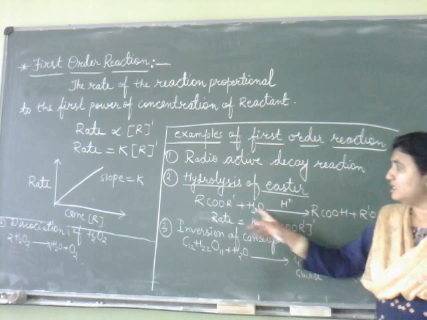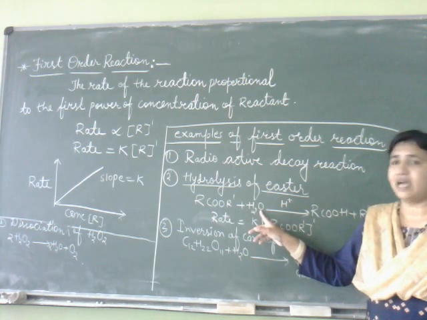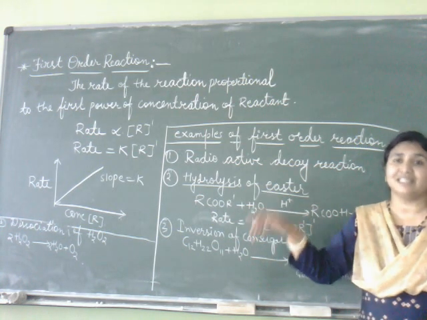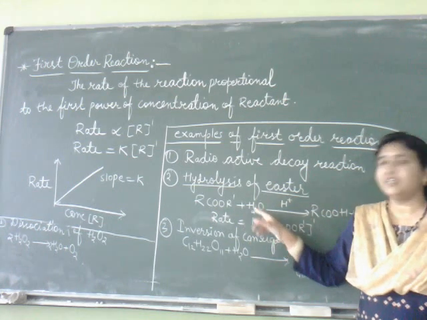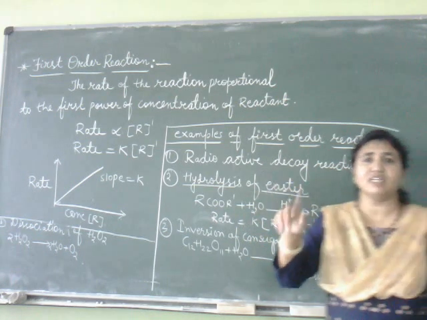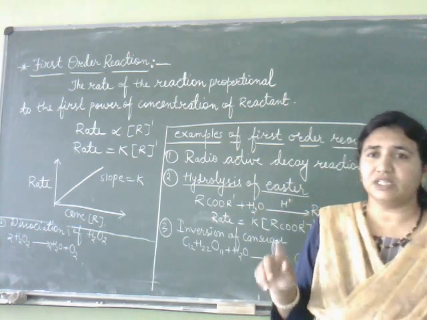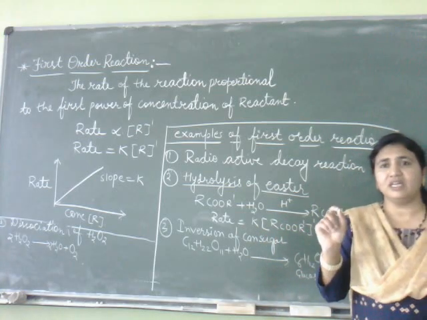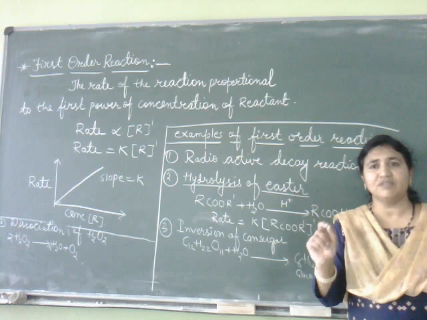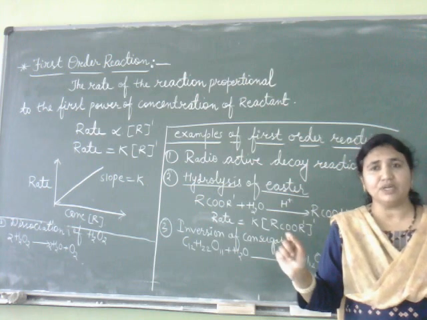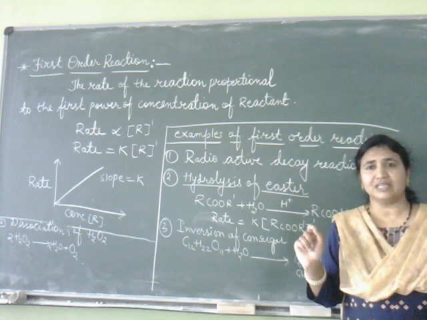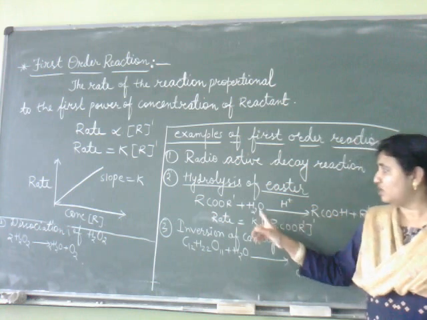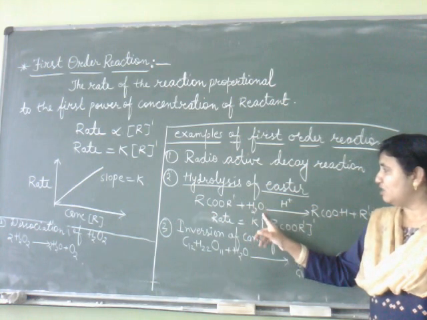In this type of reaction, one reactant is present in excess amount. That's why its concentration is considered as 0 here. So keep in mind that point: if any reactant is present in excess amount, then its concentration is considered as 0. That's why water is in zero order.